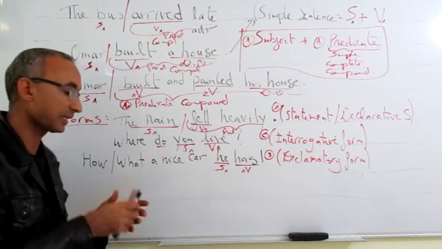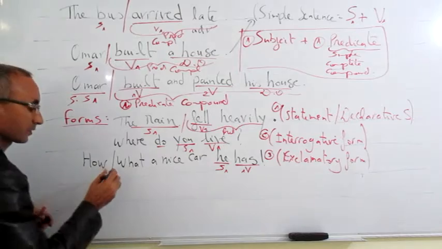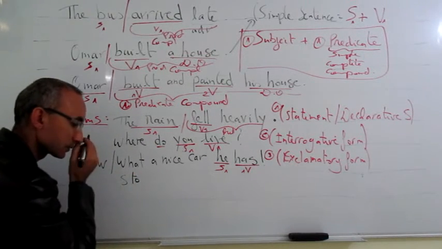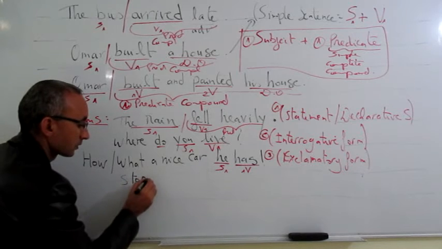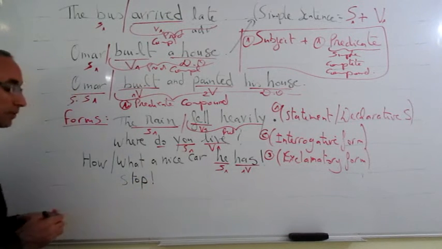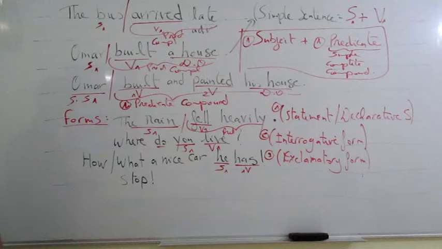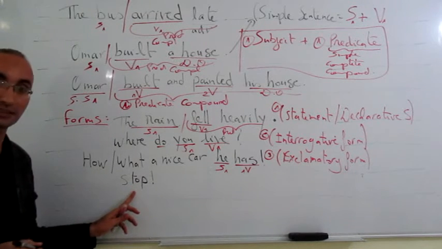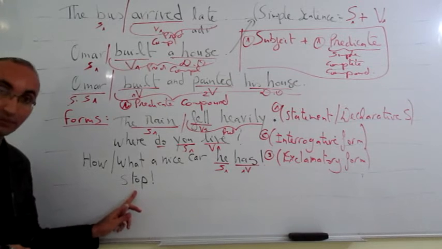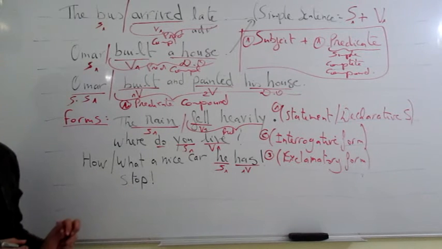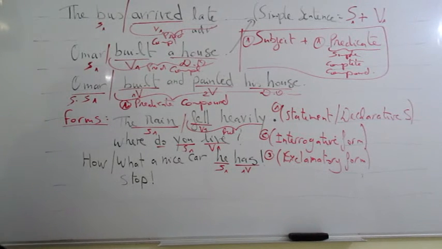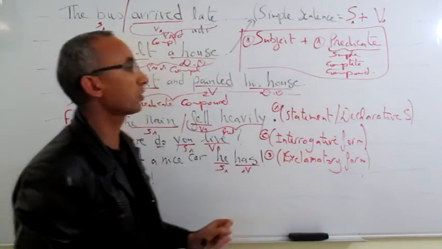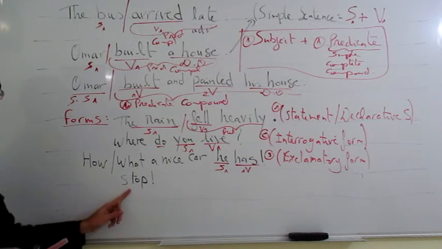Let's take the simplest one, which is: stop. Is it a sentence? Yes, it is a complete English sentence. How about its components? What is the subject? And what is the verb, the predicate? Stop.